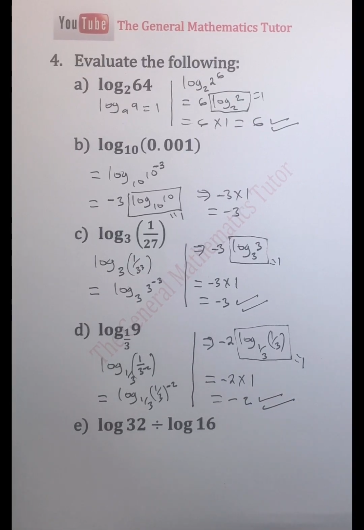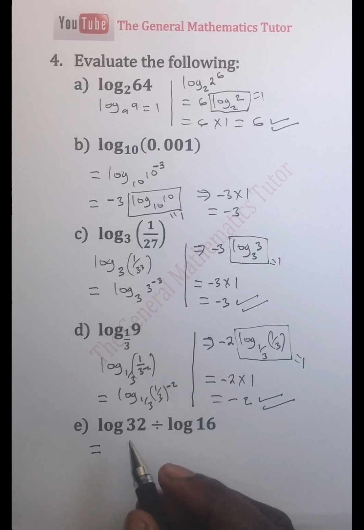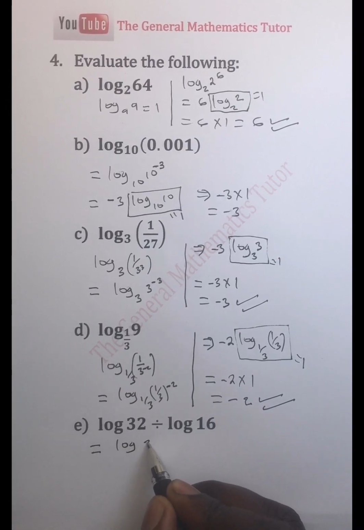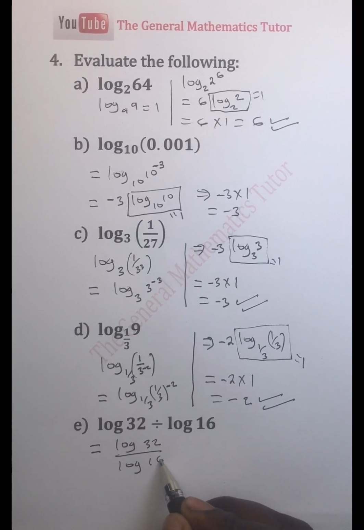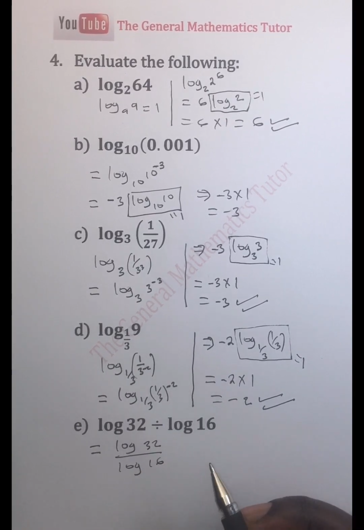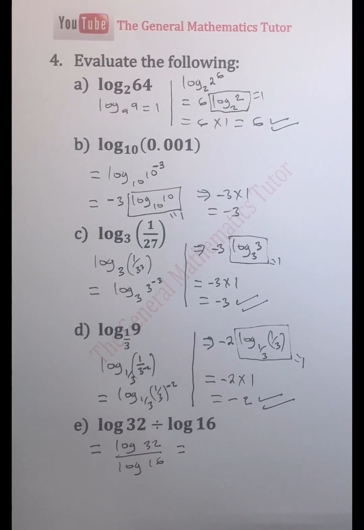Part E, log 32 divided by log 16. So we can write this as a quotient. So we have the log of 32 over the log of 16. We can write 32 and 16 as powers of 2.